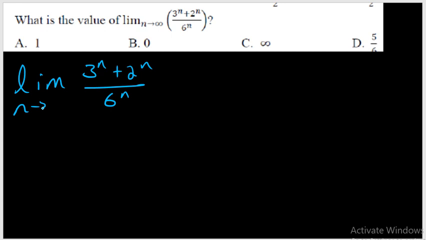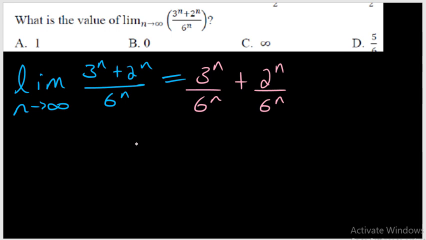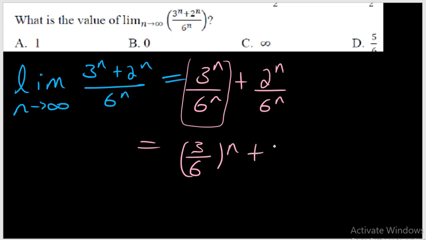Last question for today. The limit of 3 to the power of n plus 2 to the power of n over 6 to the power of n as n goes to infinity. Again this one is a limit at infinity. We can write the upper part as 3 to the power of n over 6 to the power of n plus 2 to the power of n over 6 to the power of n. And this can be written as 3 over 6 to the power of n plus 2 over 6 to the power of n.